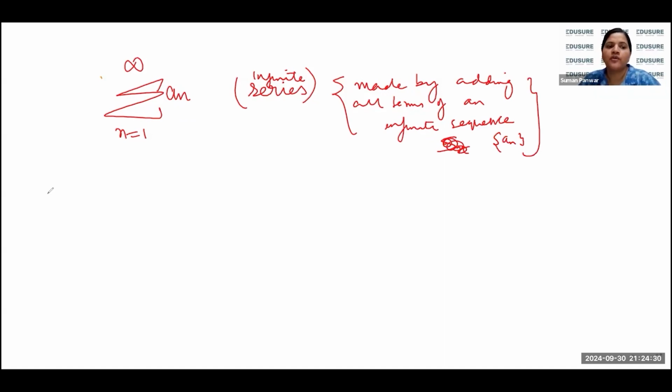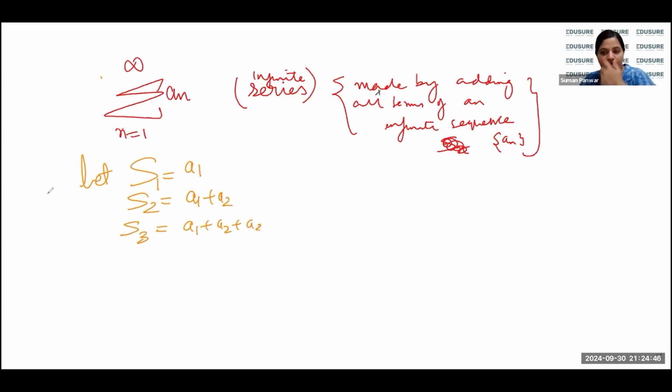Okay, so let S1 equal A1, S2 equal A1 plus A2, S3 equal A1 plus A2 plus A3. Are you understanding what is happening? At every stage, I am adding one more term.